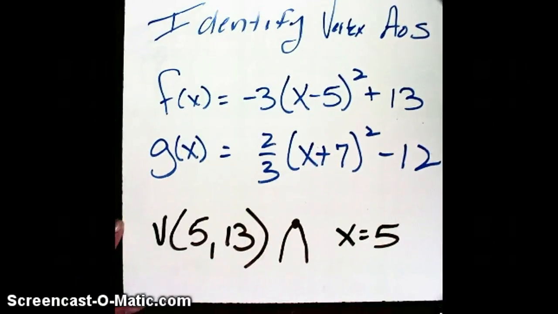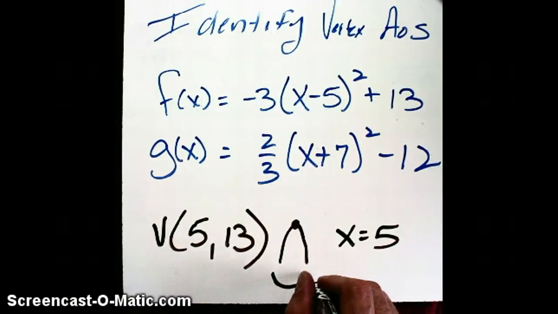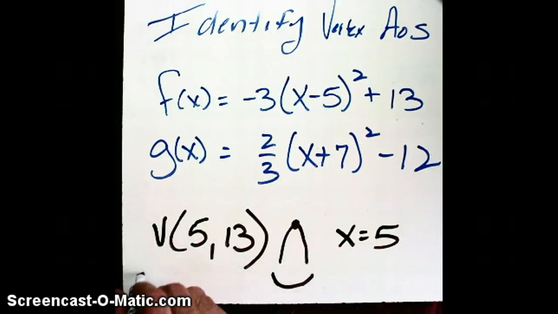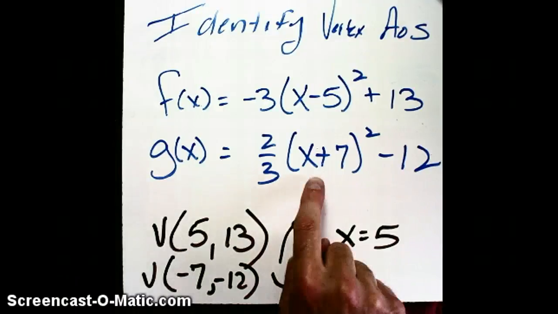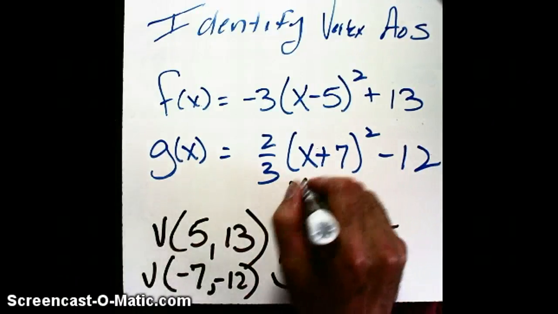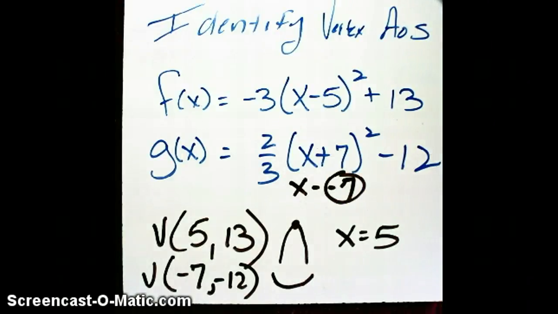All right, let's look at the bottom one. On the bottom one, it's opened up, but it's a little wider, okay? And the vertex is located at negative 7 comma negative 12, okay? And we know that because x minus a negative 7, that is your x value.